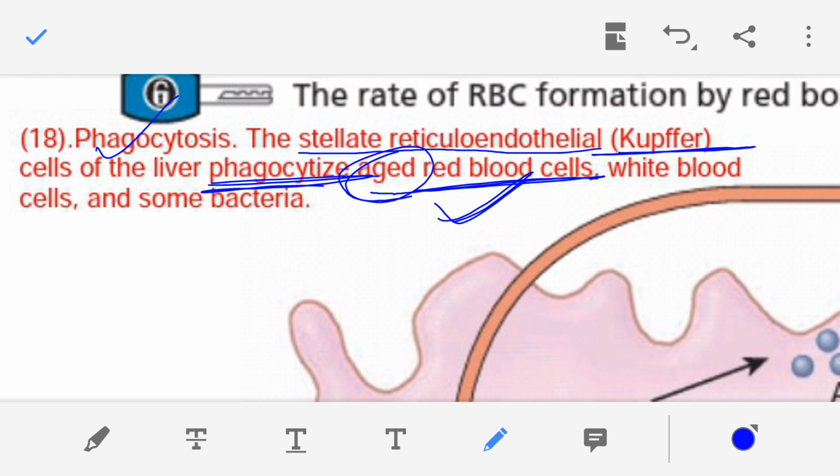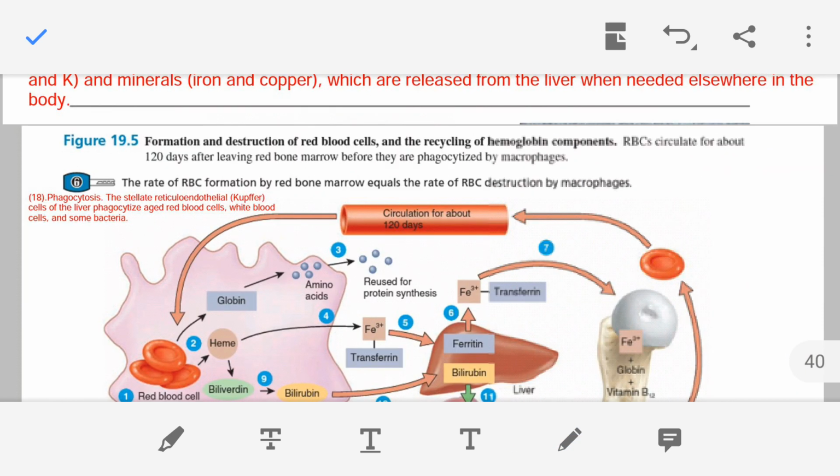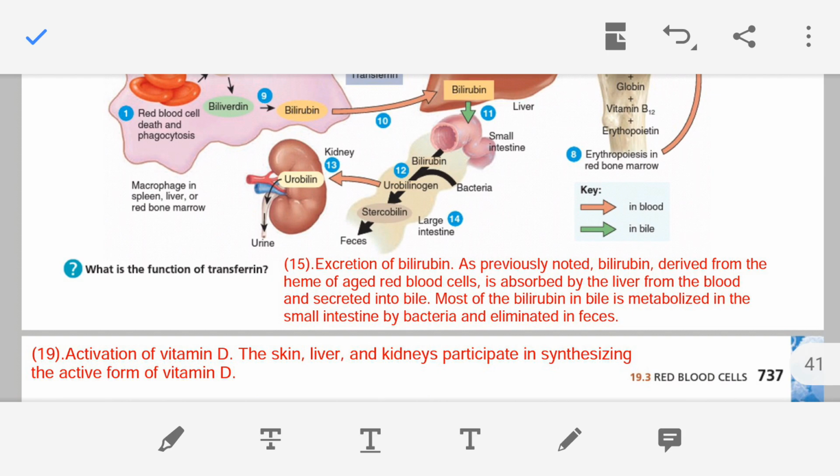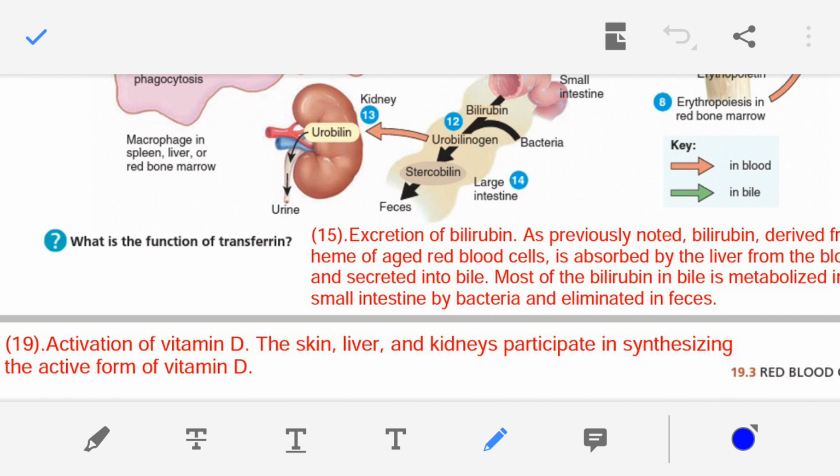Then liver also phagocytoses the WBC, and liver cells are also killing the bacteria. Then the last point, number 19, activation of vitamin D. Now, three organs, skin, liver, and kidney, participate in the formation and activation of vitamin D.